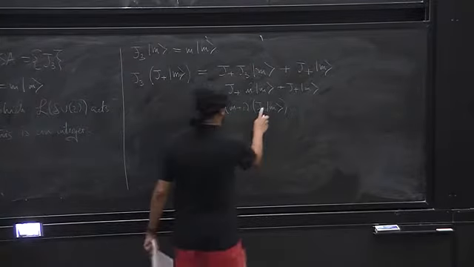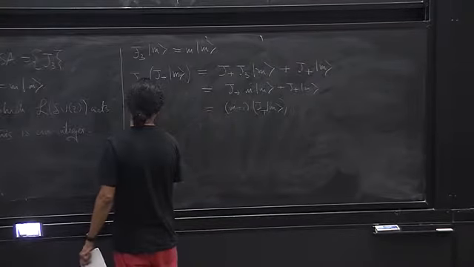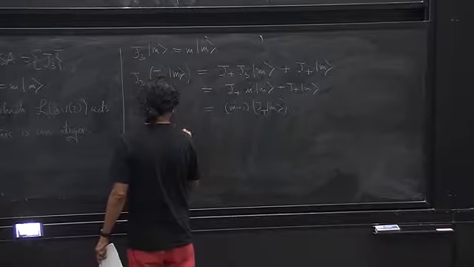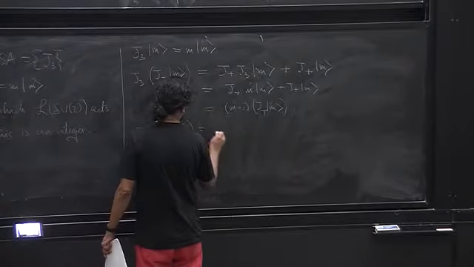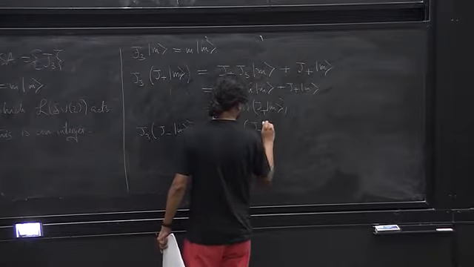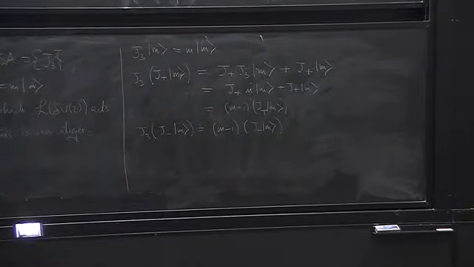And similarly, J3 acting on J minus of m gives me (m minus 1) J minus of m, because of this guy with the minus sign over there.